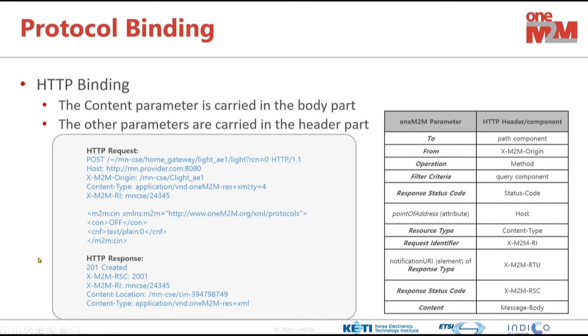HTTP binding, so basically we bind or map oneM2M primitive parameters like the request parameters, response parameters to the HTTP message, their header and the request line and response line and the body. So this is the example, and don't worry, we are going to do some practice.